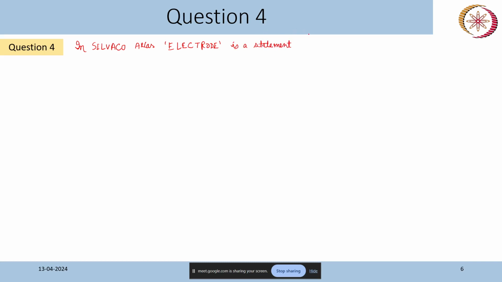And it is used to represent the structure specific group. Okay, whether the statement is true or false, that is the question.